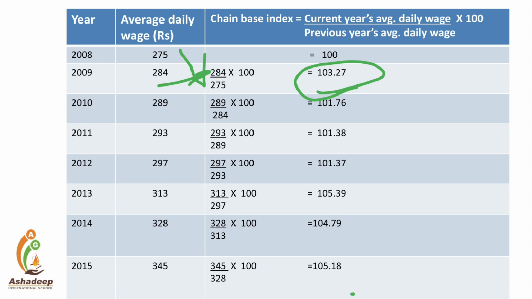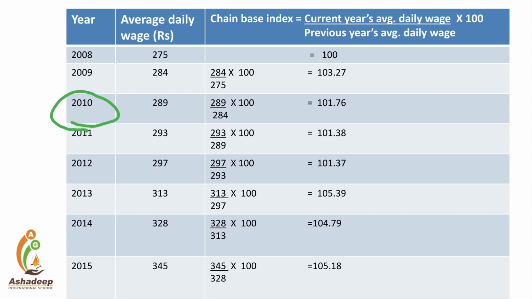Now we have to use the same formula with each and every year. If we want to find index number for the current year 2010, in that case 2010 becomes current year and 2009 will become our preceding year.